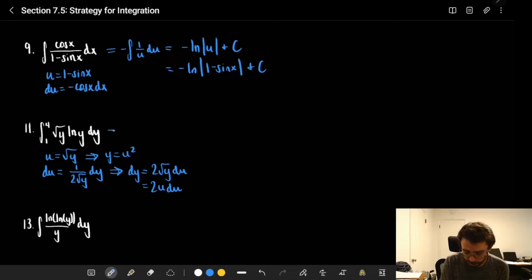Okay, so let's write the integral and see how hideous it is. I won't write the bounds yet. I just want to write the integrand. Square root of y is u. Natural log of y is natural log of u squared. dy is 2u du. So let's put the 2u here. I'll just square that, du.